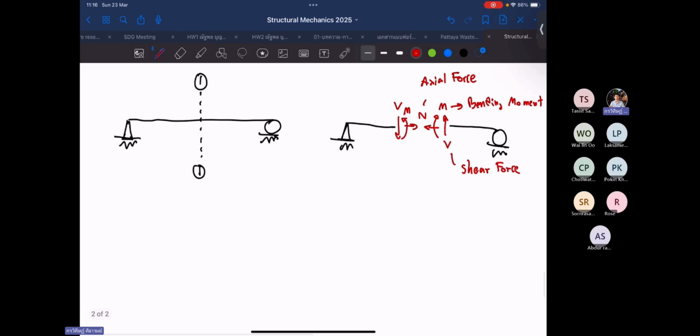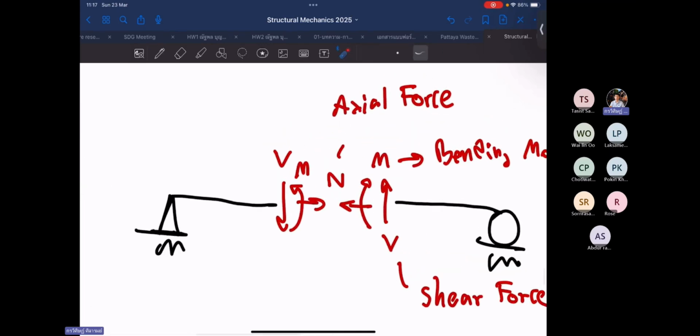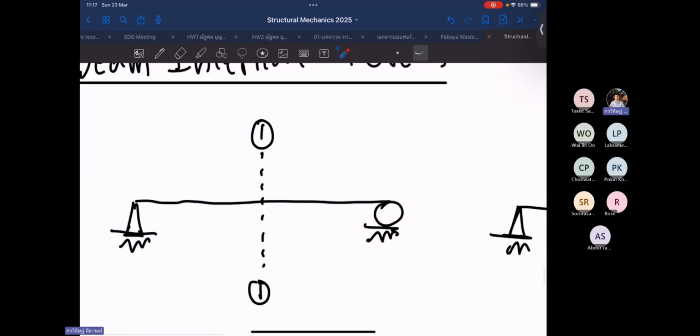Then we continue to cut the beam, and we can get the distribution of the forces. But as you can see, we can cut anywhere, so we have to select the place where we cut the beam appropriately.